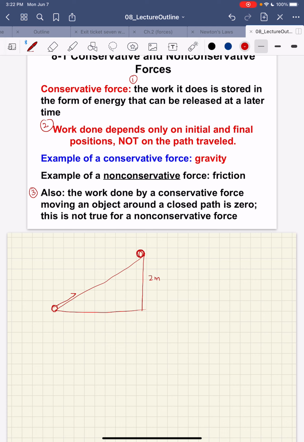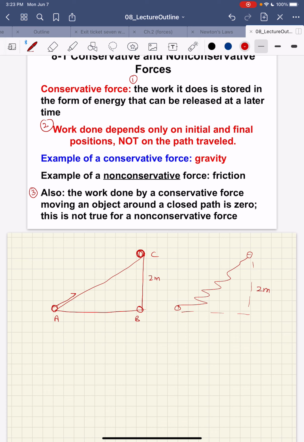The work done by gravity is going to be the same if you bring the object directly from here to here, or from A to B and then to C, or even in a zigzag way, as long as it finally reaches 2 meters away from your initial reference point. Whereas for non-conservative forces like friction, the work is going to depend on the actual path.